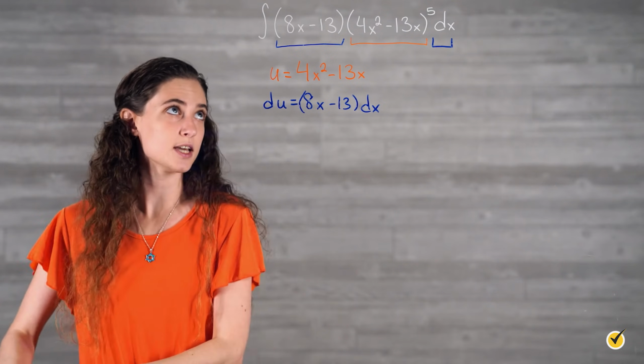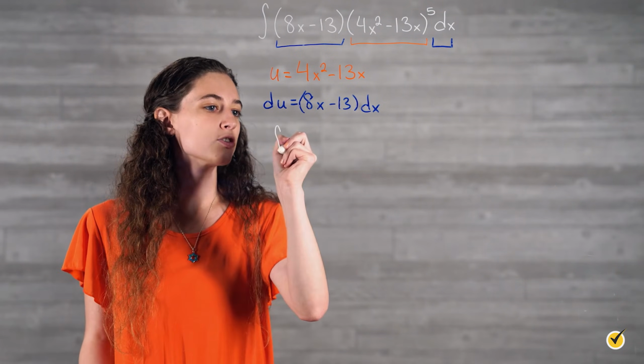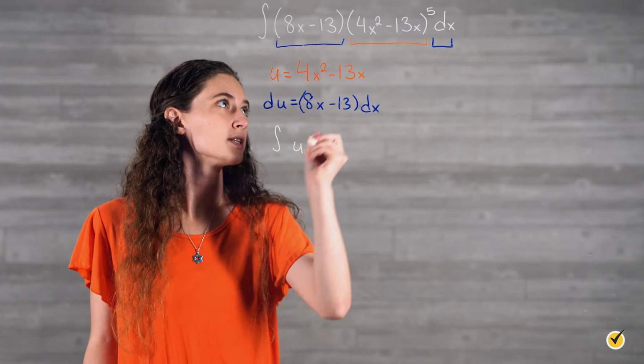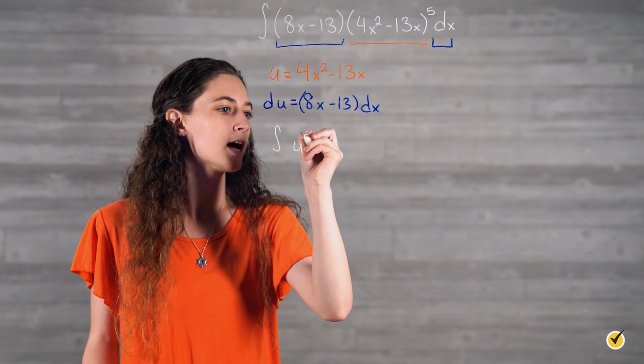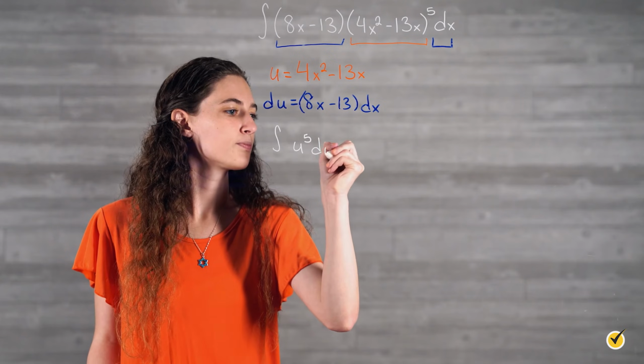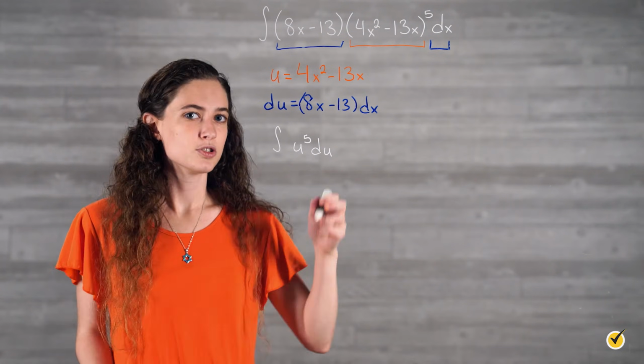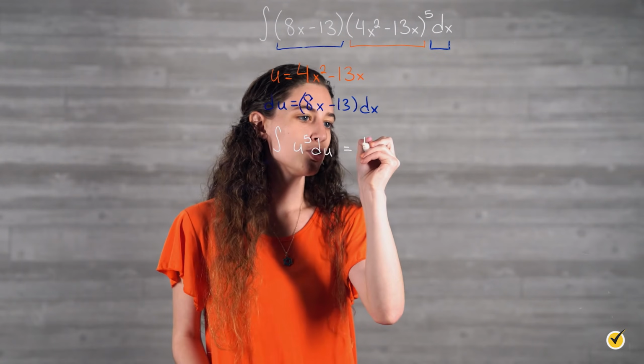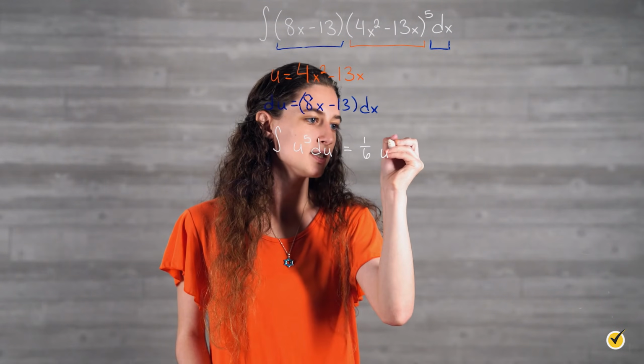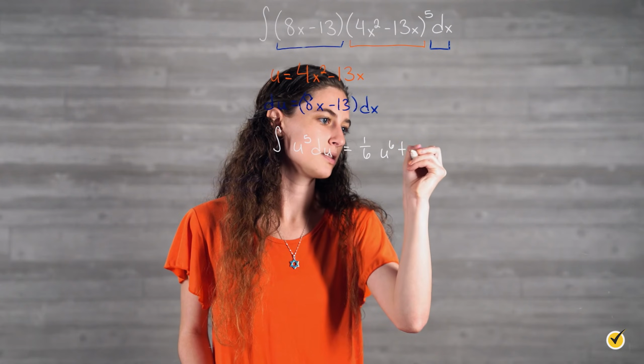So if we rewrite this integral, we get the integral of u to the fifth power. Remember, we didn't include that, du. Now this becomes something that can be easily integrated. So this is equal to 1/6 u to the sixth plus c.